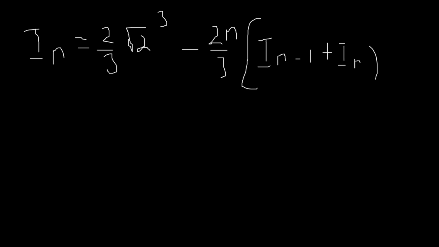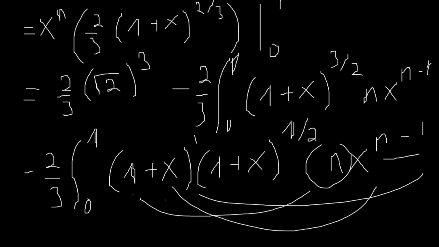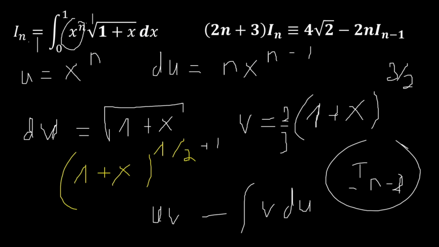From here we can multiply by 3 so as to have what we want. 3 I subscript n is equal to 2/3 square root of 2, that cubed, minus 2n I subscript n minus 1 minus 2n I subscript n. Okay, we can bring this, what do we have here? 2n plus 3.